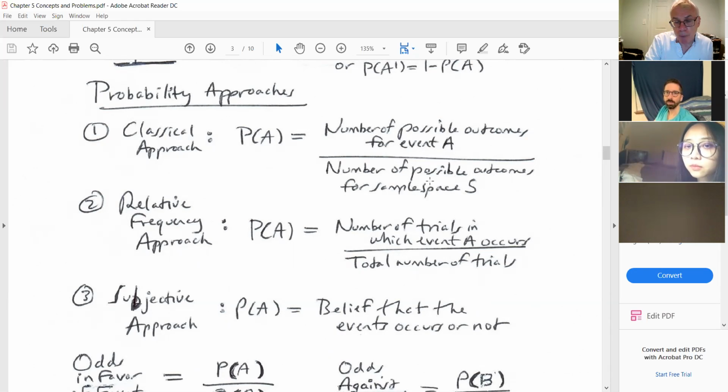So 2 is in your denominator. And we want to say, what's the probability of getting heads? Well, there's only 1 outcome in that event, which is heads. So 1 out of 2 is the answer. This is how we formulate a classical probability. We know the number of possible outcomes in the sample space, that's your denominator, and the number of outcomes of your event, that's your numerator, and that's the classical approach.